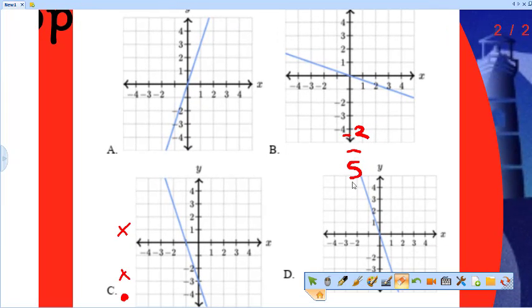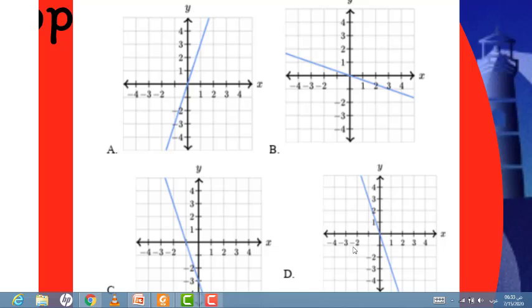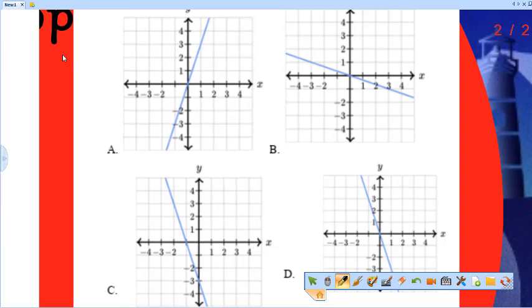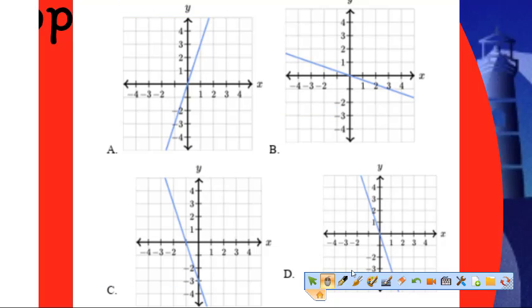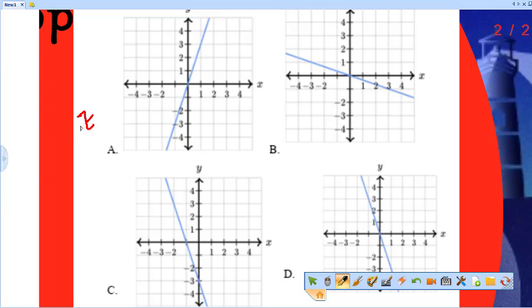How would we determine which graph is y equal negative half x? How would we determine which one is solution?